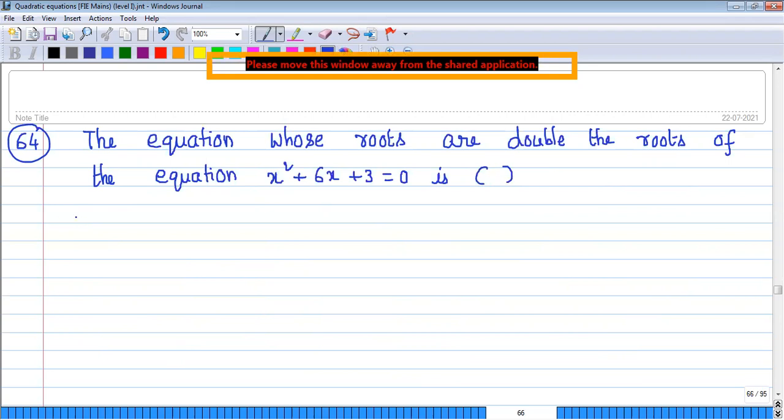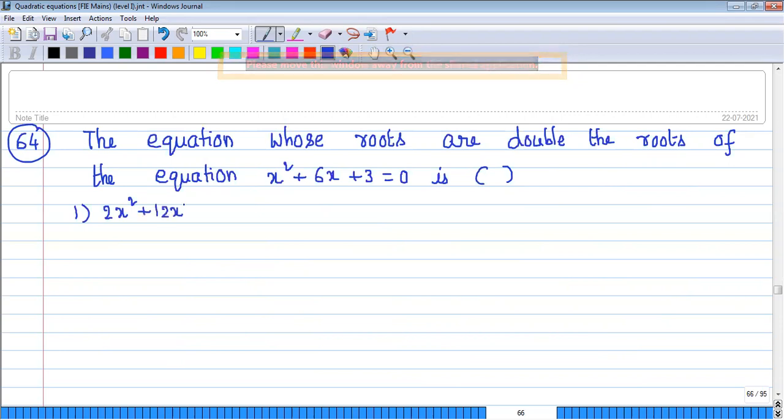First option: 2x square plus 12x plus 6 equals 0. Second one: 4x square plus 12x plus 3 equals 0.